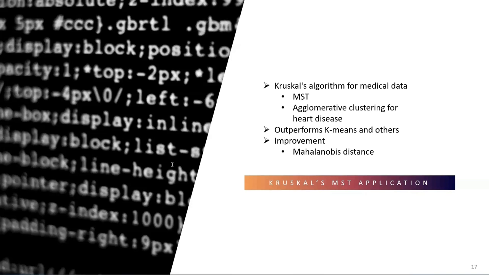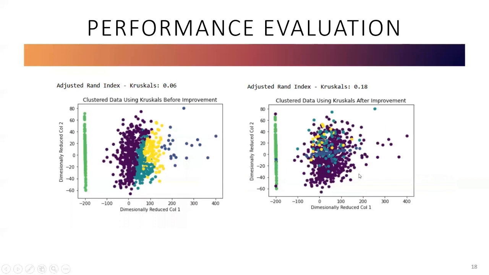This distance takes into consideration the covariance between different medical factors, and hence we are able to overcome the limitation of Kruskal's algorithm. Once we used this distance metric, we got our adjusted rand index to be 0.18, which is a very significant jump, and we were able to cluster the points much more effectively.